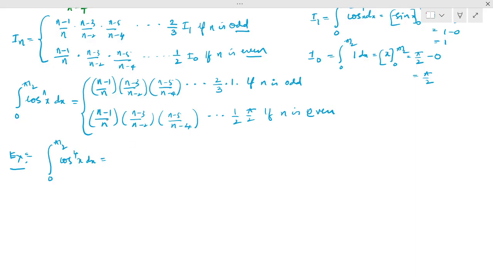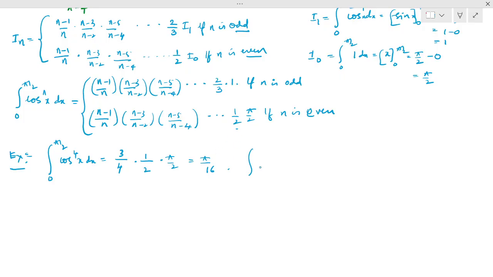So 4 is even, you can use the formula. (4 minus 1), 3 by n which is 4, (4 minus 3), 1 divided by 2. So this is the value. And lastly, it ends with pi by 2. The answer is pi by 16.